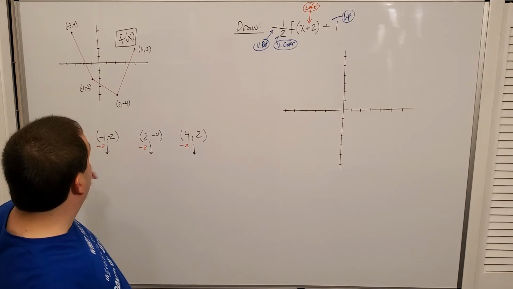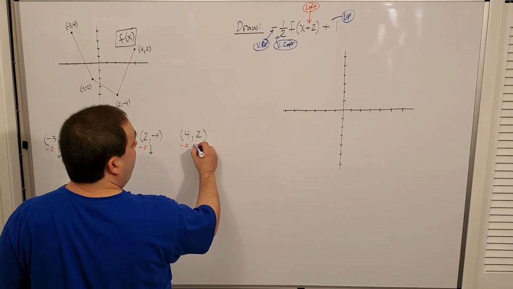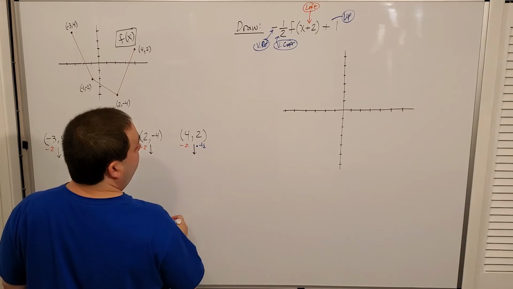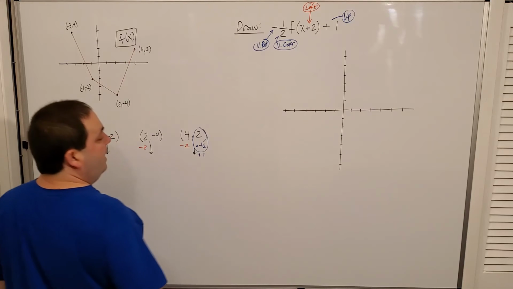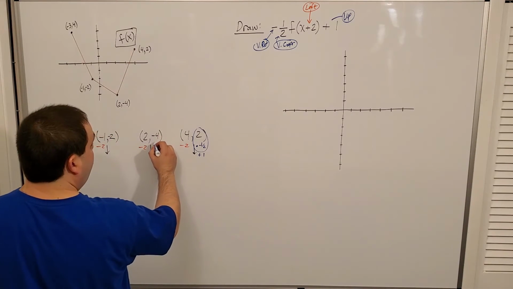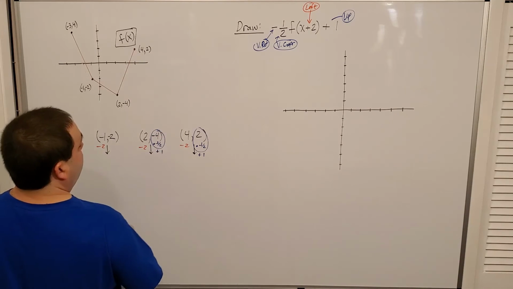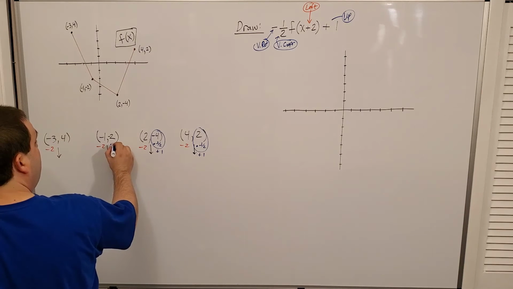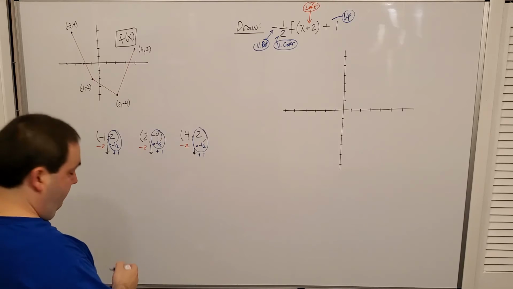So in each one of these, what I'm going to do first is multiply times negative 1/2, and then after I've done that, I'm going to add the 1 that gives it the upshift. So in each one of these, I'm going to do times negative 1/2 and then add 1.